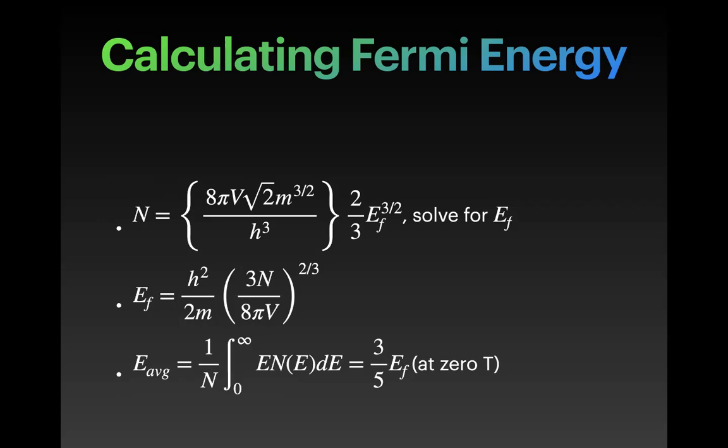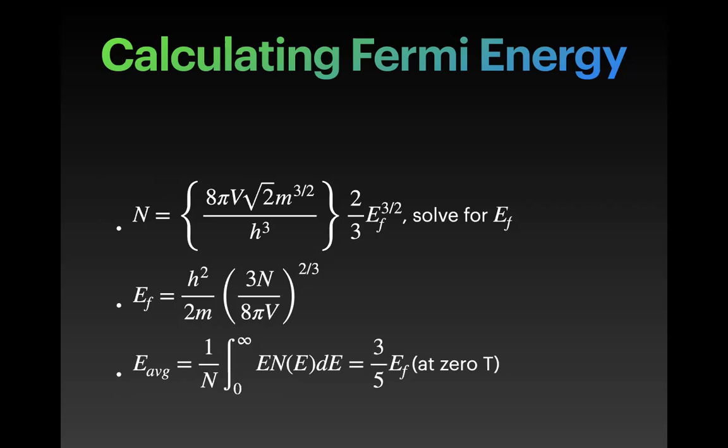But then you would get that the expectation value of the energy is 3/5 of the Fermi energy. So you have energies from 0 up to the Fermi energy, but the expectation value of the energy is 3/5 of the Fermi energy. And that's at zero temperature. If you increase the temperature, of course, you're going to increase the average energy. Any questions at this point? All right.